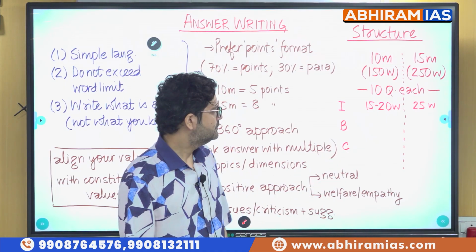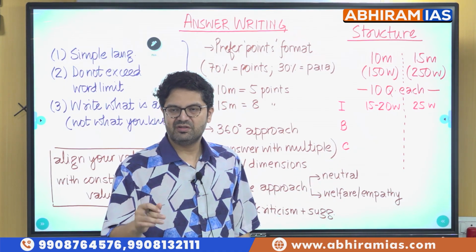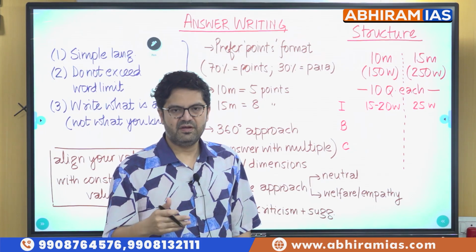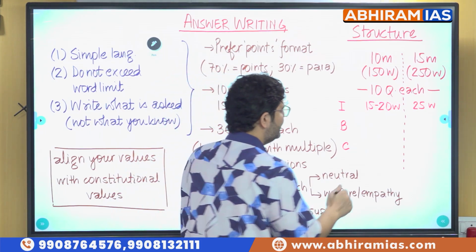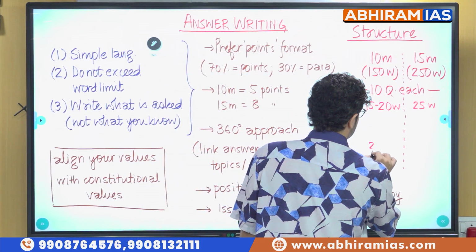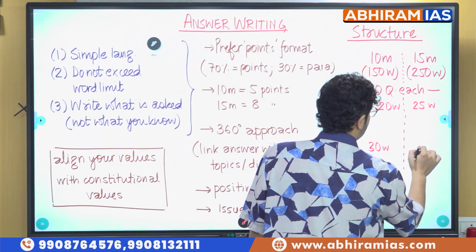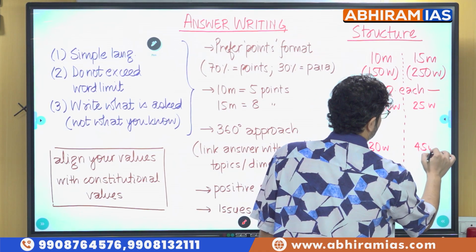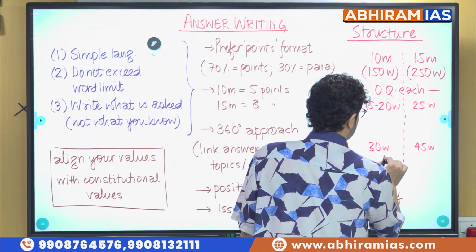Conclusion. Normally, the best conclusion is writing a suggestion, way forward. So, in that case, we can touch 30 words also, we can touch 45 words also. But this is maximum.